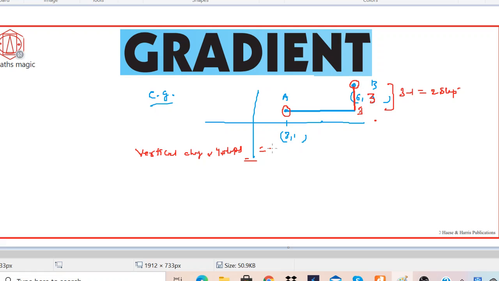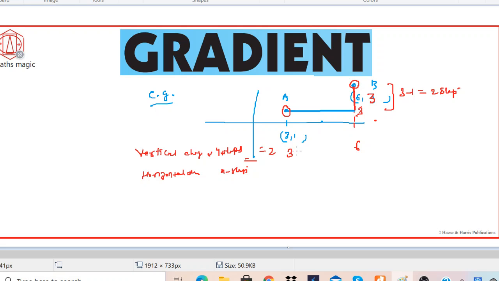So this is 2. Now we can calculate the horizontal change, or x steps. It's very clear that point A has x coordinate 3 and point B has x coordinate 6.